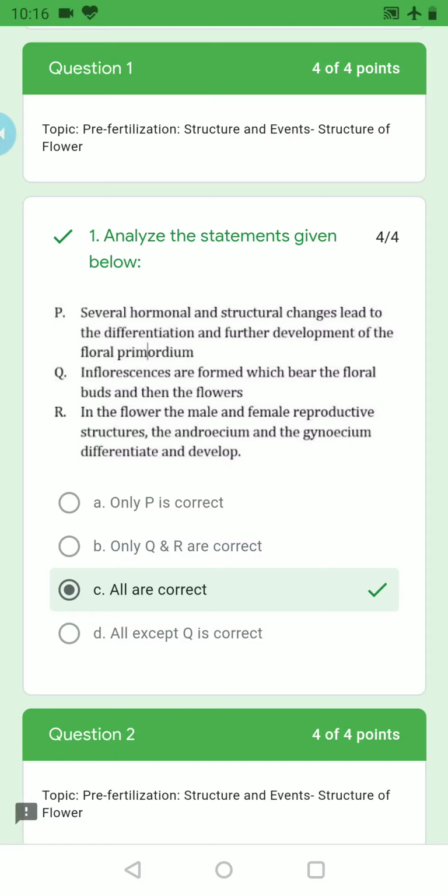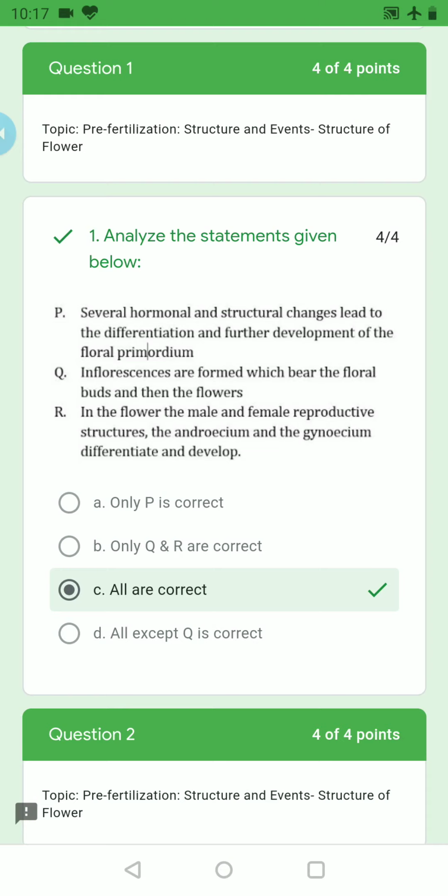Second statement, Q: inflorescences are formed which bear the floral buds and then the flowers. The third statement, R: in the flower the male and female reproductive structures, the androecium and the gynoecium, differentiate, that means develop.